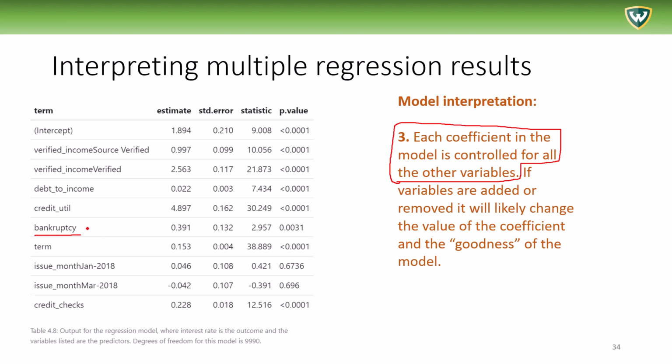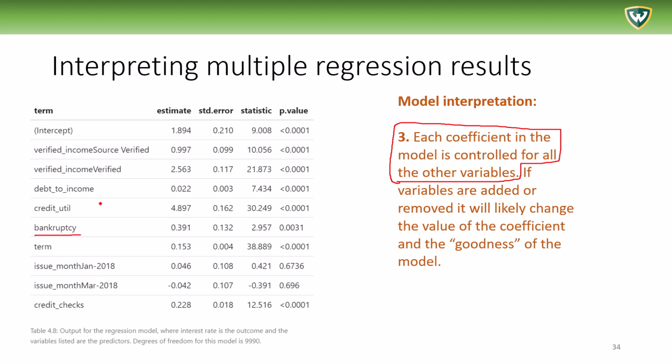If a person has a bankruptcy, on average, their interest rate goes up by 0.391 percentage points compared to those that do not have a bankruptcy, and assuming all of these other variables are equal.